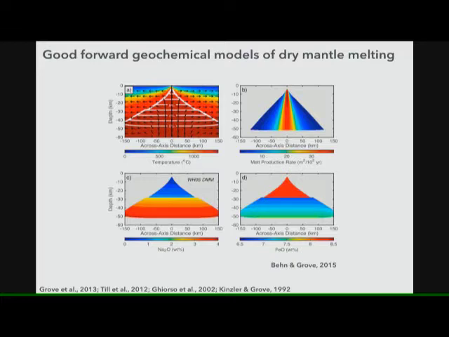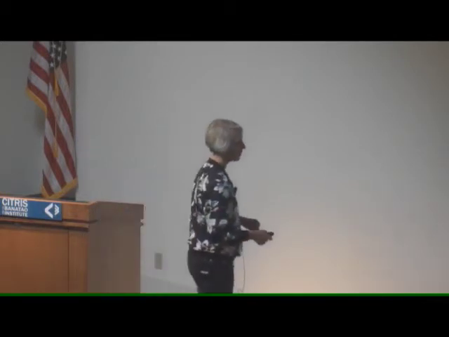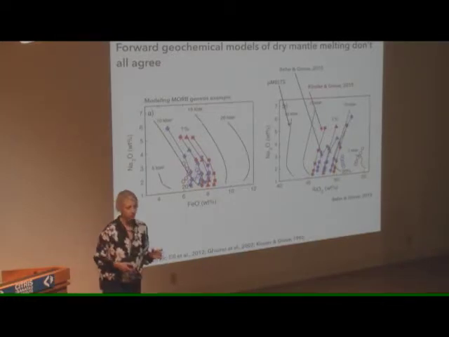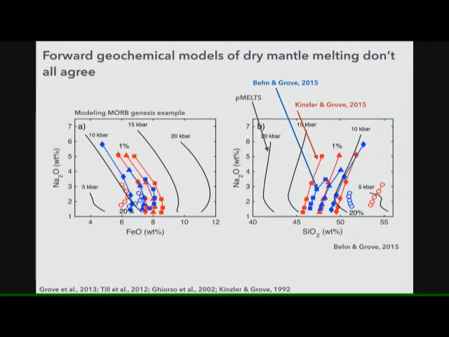So this is a forward model where you're just specifying the conditions, and we can predict the melt composition in this environment. And there's a number of these that do this sort of calculation for us now, and they're reasonably good. I'm showing you here a caveat, which is that each of them is well-tuned or calibrated for their specific set of experiments and their bulk compositions.